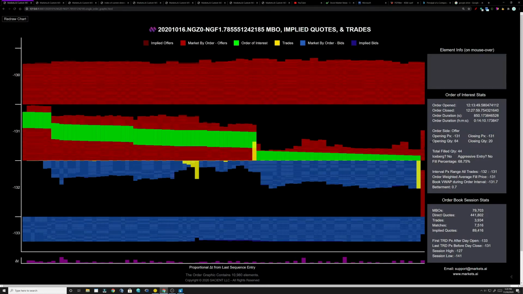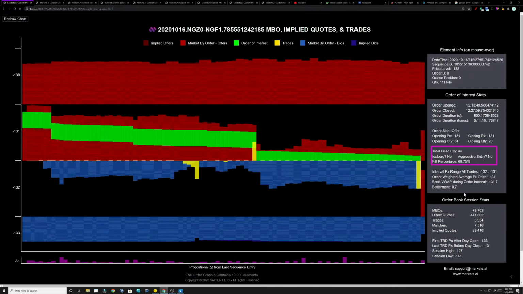The total quantity filled, obviously 64 minus 20, is 44. There are no slices that are renewing and going to the back of the queue. It's not an iceberg, and it was put passively on the back of the queue when it was new. It filled almost 69% of the initial resting order.